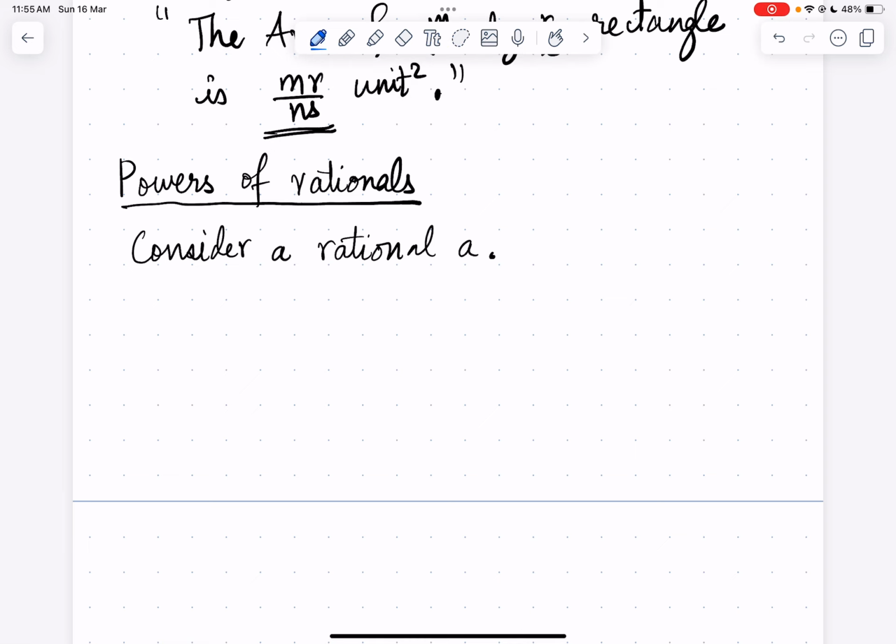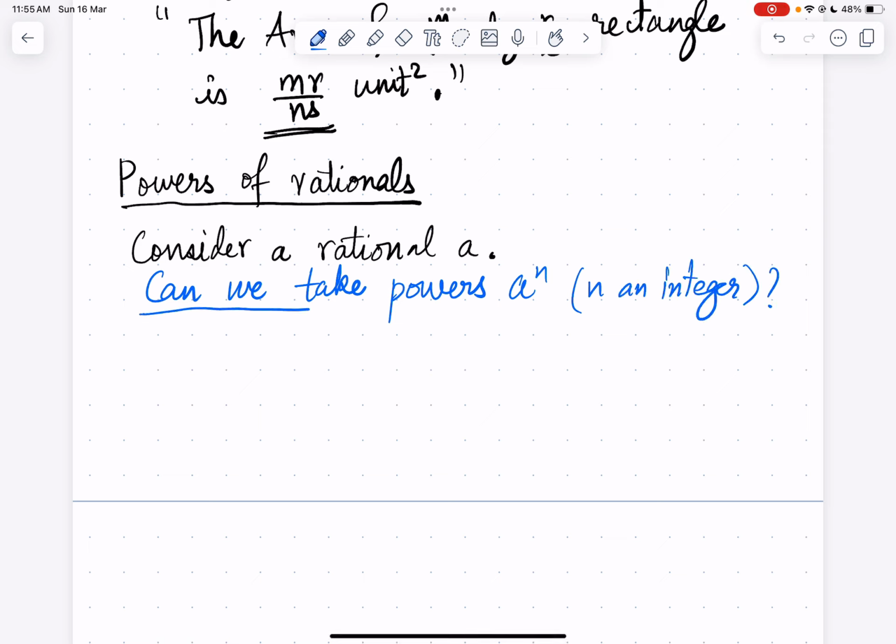We can ask, can we take powers a power n where n is an integer?